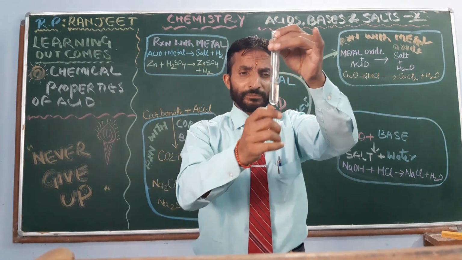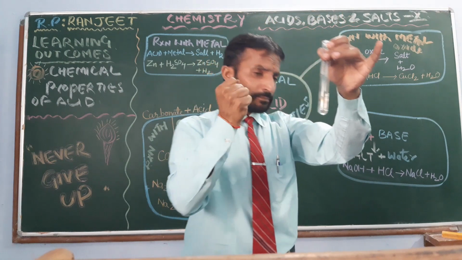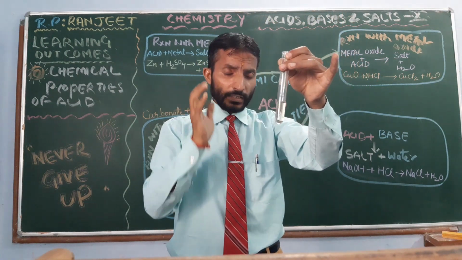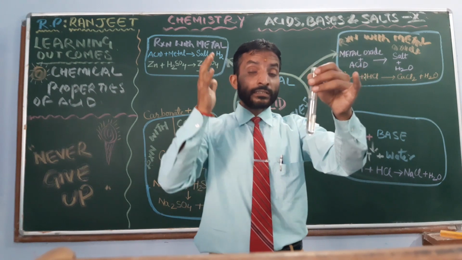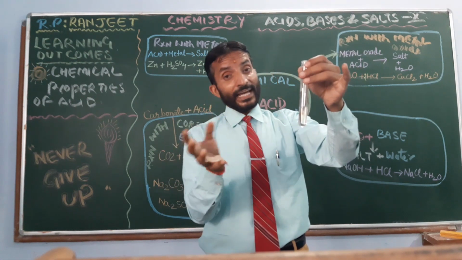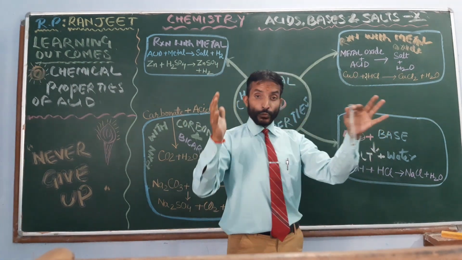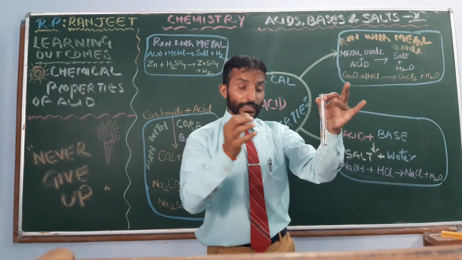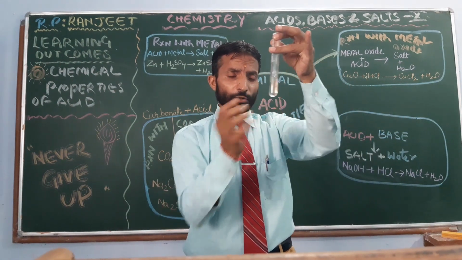See, it's very hot now. The reaction is always exothermic. When acid reacts with base or base reacts with acid, this reaction is known as a neutralization reaction. And it is exothermic, heat is evolved. Yes, it is very hot now.